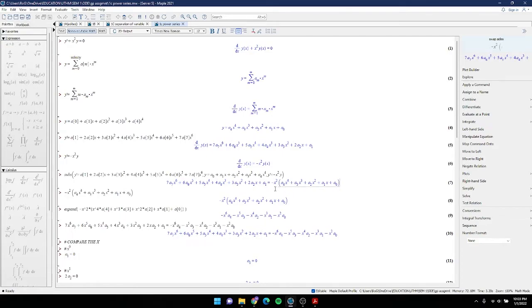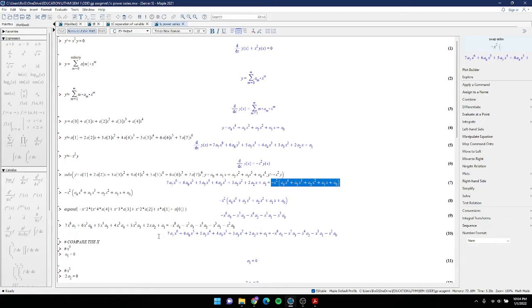Then we expand this equation. Then we get negative a0 x squared minus a1 x to the power of 3 minus a2 x to the power of 4 minus a3 x to the power of 5 minus a4 x to the power of 6.